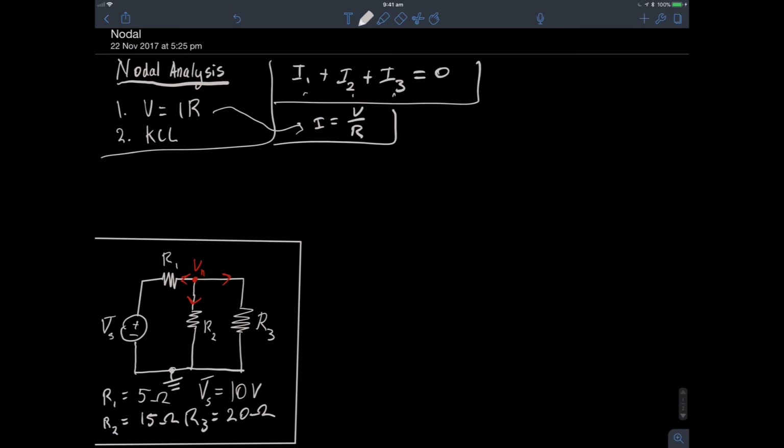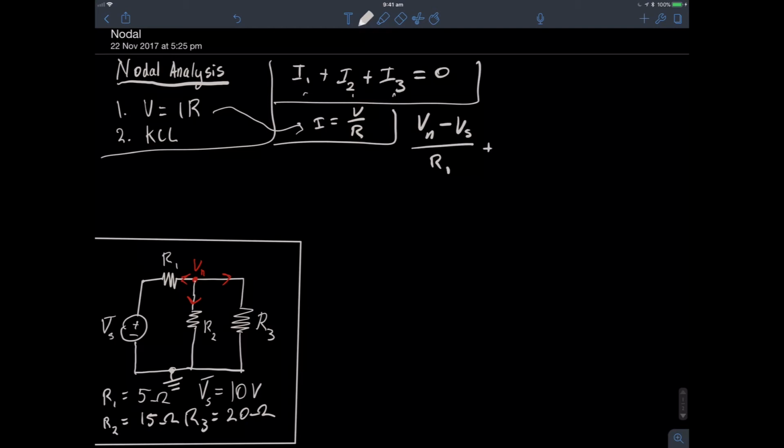So for instance here, when we go from here to here, it's actually Vn minus Vs. So Vn minus Vs on R1 would be the current coming towards the left out of Vn.